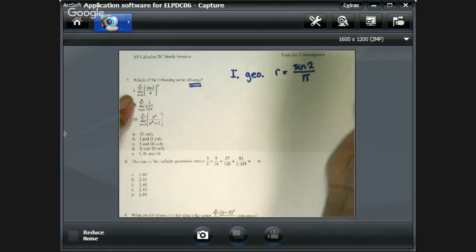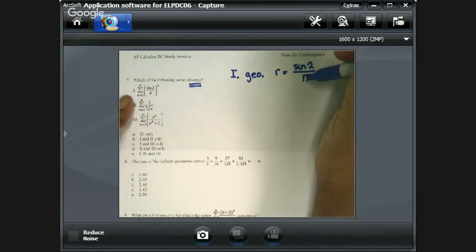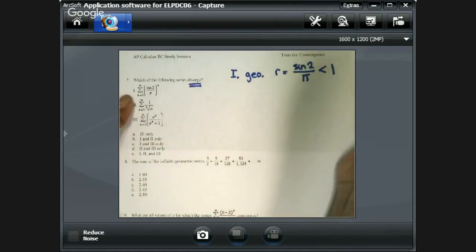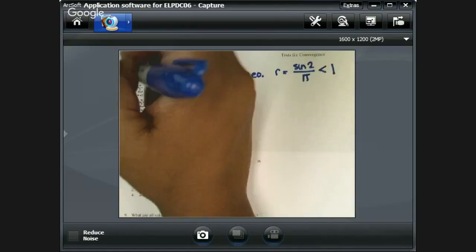So it's in the second quadrant. That means that that number is smaller than 1. You know what? I don't even have to think about it that hard. The sine of 2 is smaller than 1, and pi is bigger than 1, so this fraction would be smaller than 1. So that converges. So we don't want that one.